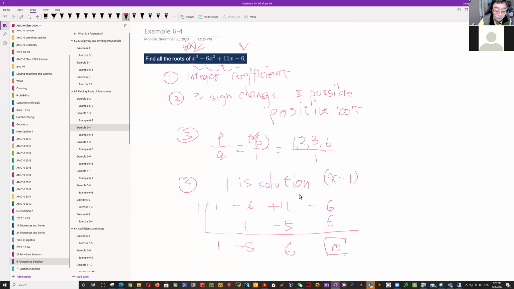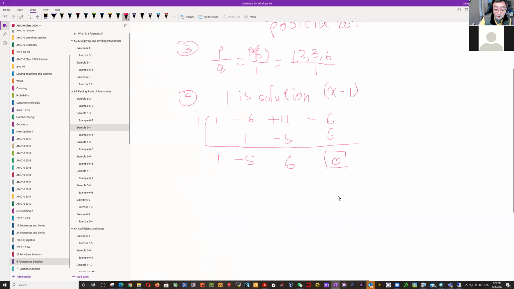So the first solution is x equals 1. Then this is just the remaining quadratic, and I can keep dividing into it. I can factor it: the other two factors are x minus 2 and x minus 3, because negative 2 and negative 3 multiply to 6, and negative 2 plus negative 3 is negative 5.